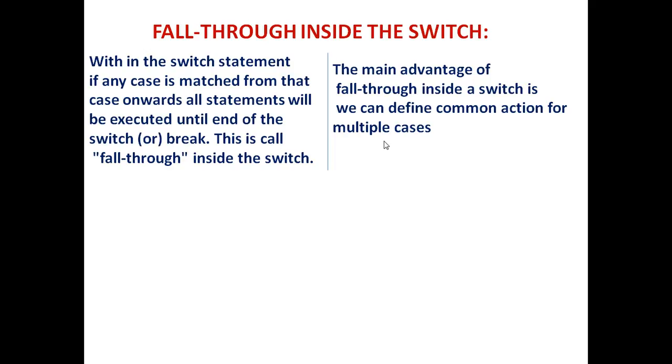This is the real advantage of using case compile time constants. We can put all these up to 50 into one statement: case 1 colon, leave everything as is, case 2 colon, leave that, case 3 colon, do not write anything, and like this up to case 50, where you print onto the screen that the student has failed.